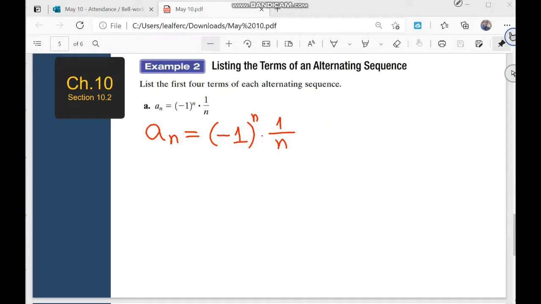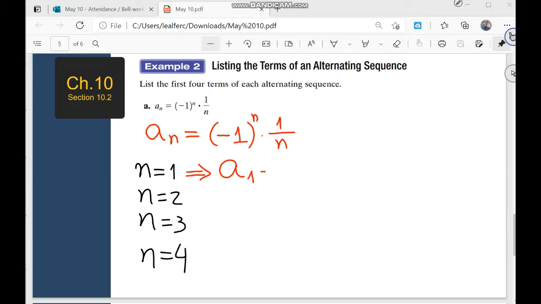This is the equation that represents the term, and now we will find the first, the second, the third, and the fourth term. We just have to plug in n equals 1 into the expression that represents the term.